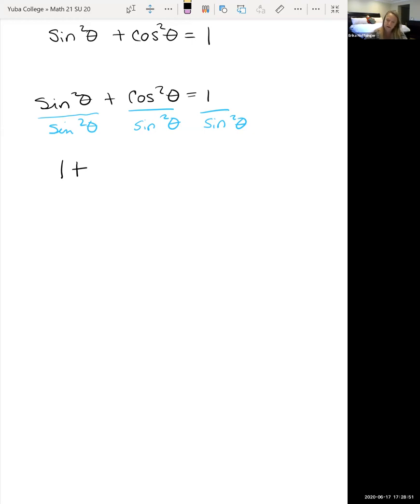Well, cosine over sine is actually your cotangent, so this is cotangent squared theta, is equal to 1 over sine squared theta. That one is the cosecant squared theta.